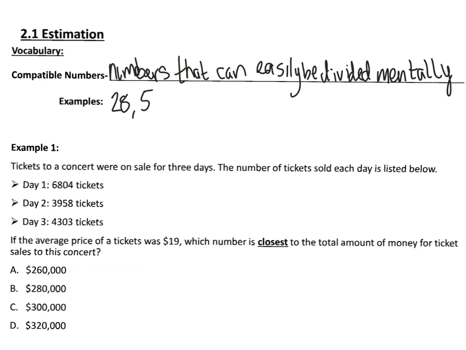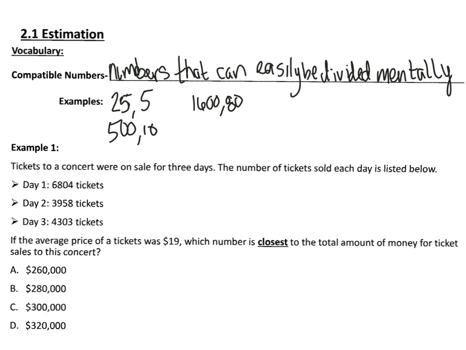We can divide 25 and 5 pretty easily, hopefully, mentally. But now, what if we get into numbers like 510 or 1680? Okay, so we want to make them numbers that could easily be divided mentally. So pretty much as estimation sounds, we're just rounding everything to simplifiable numbers, okay?